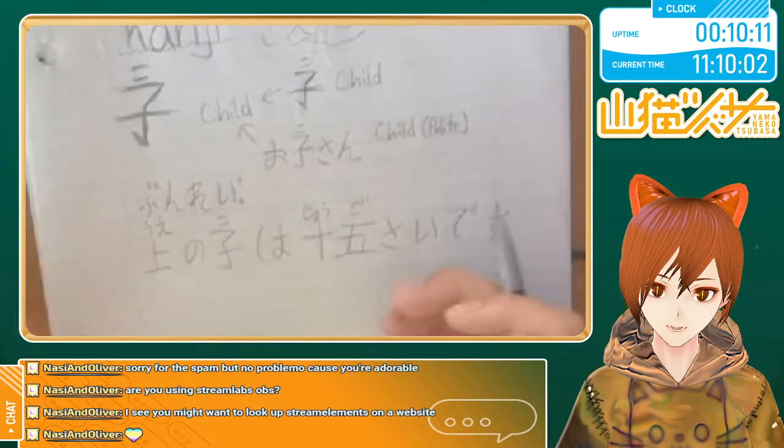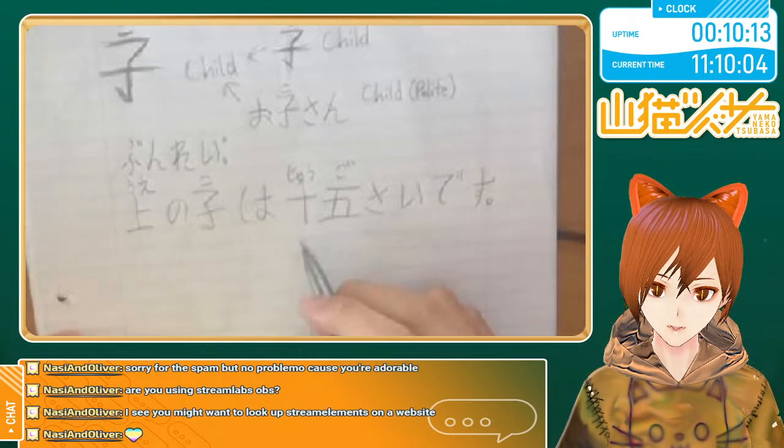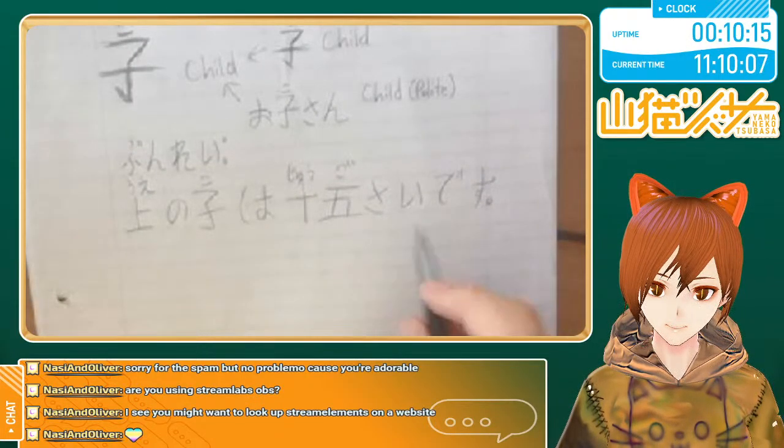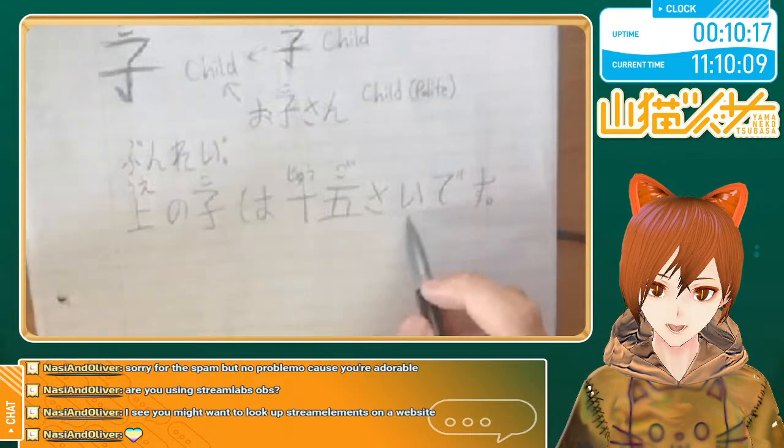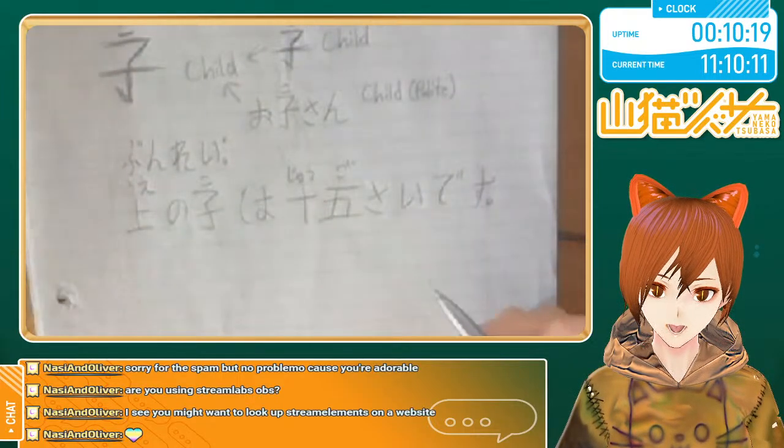So we've covered numbers. 15 is 10, 5, 15. And sai is, this is the hiragana, but there is a kanji, but we won't be covering that yet.